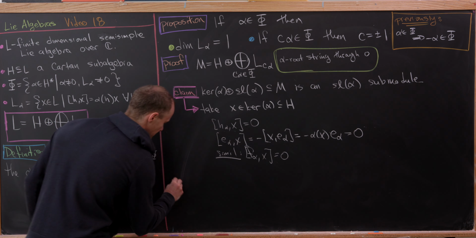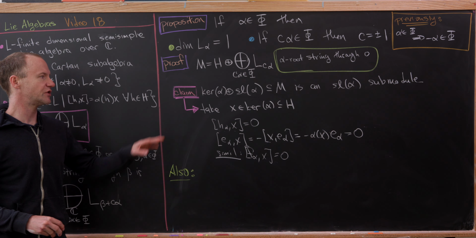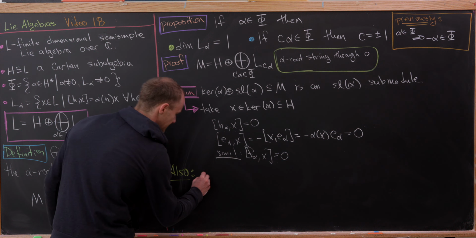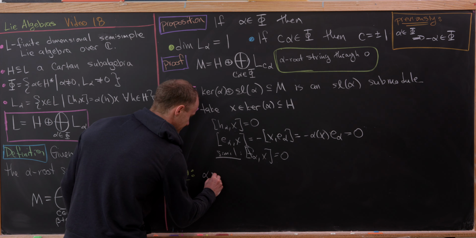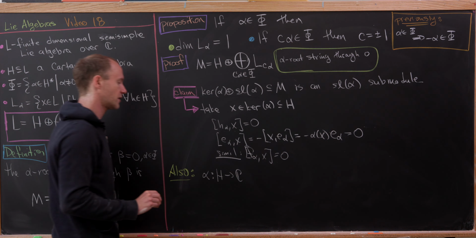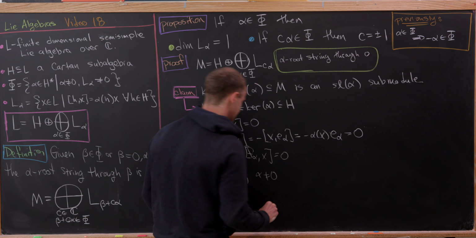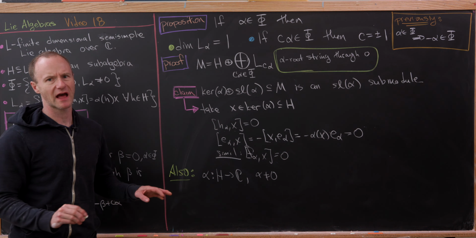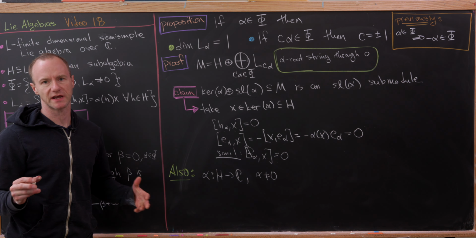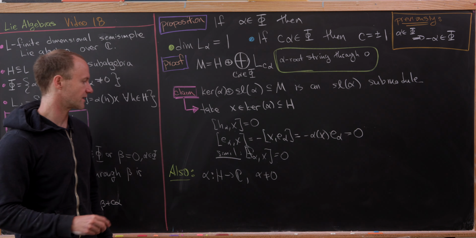Okay, so let's look at another little observation, and this will have to do with the dimension of the kernel of alpha. Let's observe that alpha is going to go from H to C. But then we also know that alpha is not the 0 map because it was a root, and roots can't be the 0 map by this rule right here.